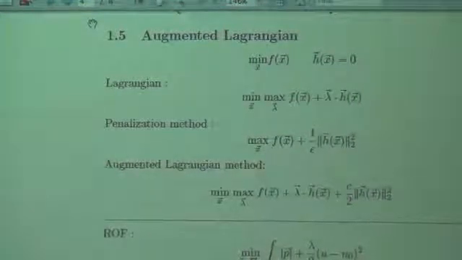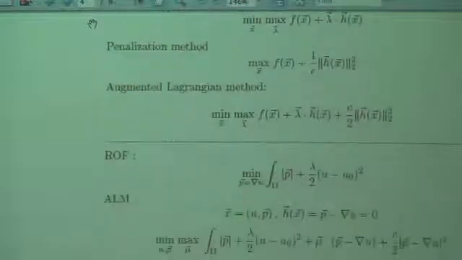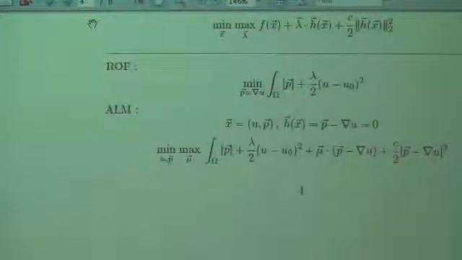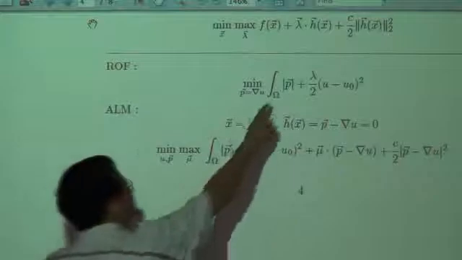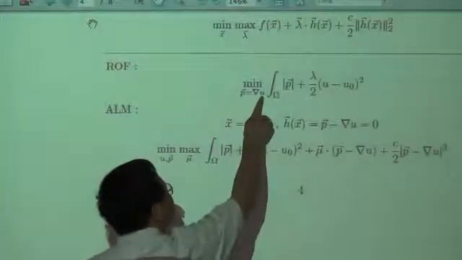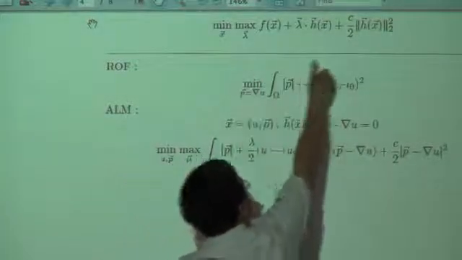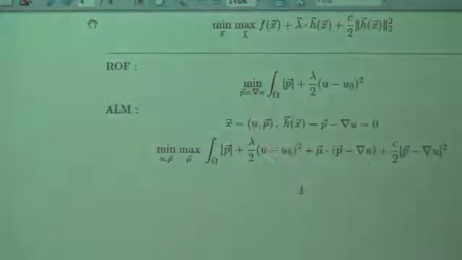So this is the Augmented Lagrangian. We have been talking quite a lot about it even in the last few lectures. For the ROF, we minimize total variation. If P equals the gradient U, the ROF can be written as such a minimization problem.